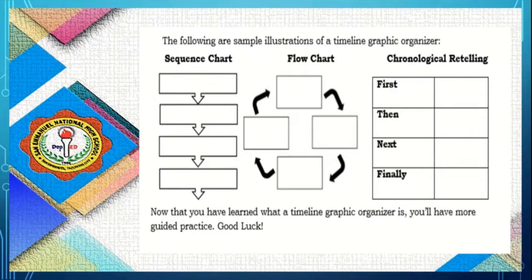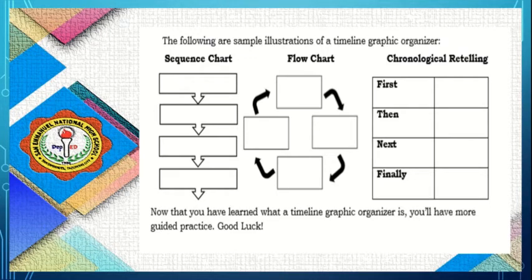Now, the following are illustrations of a timeline graphic organizer. We have the sequence chart, we have also the flow chart, and we have also the chronological retelling, wherein you're going to write what's first, what's next, and finally.